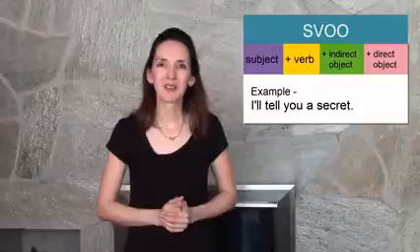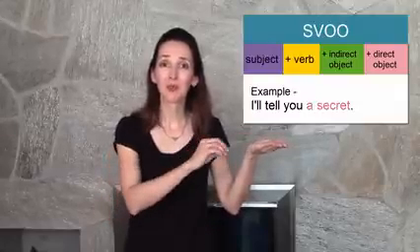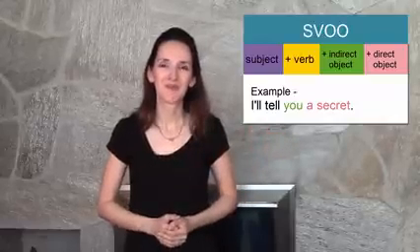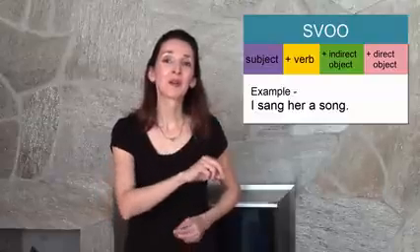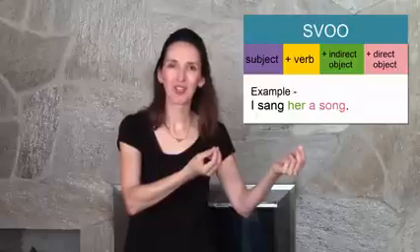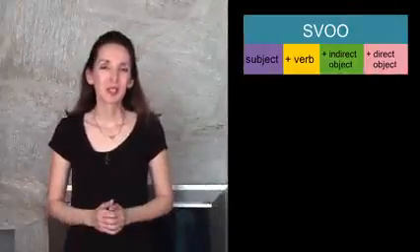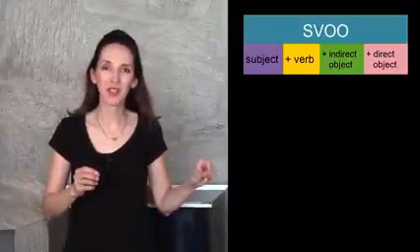If I tell you a secret, what did I tell? A secret. To who? To you. Tell you a secret. I sang her a song. Sang her a song. Indirect object, direct object. The basic pattern is subject plus verb plus object plus object.